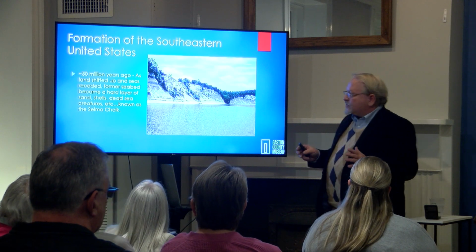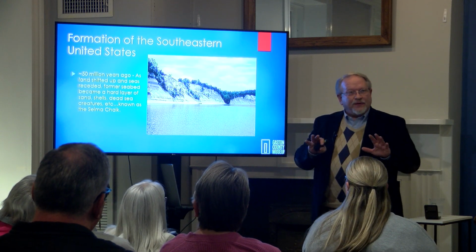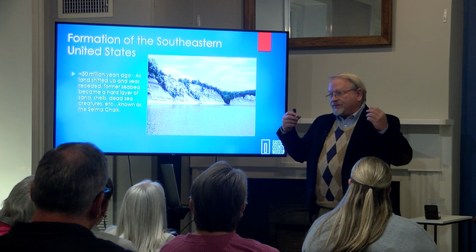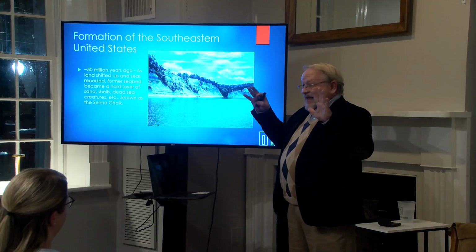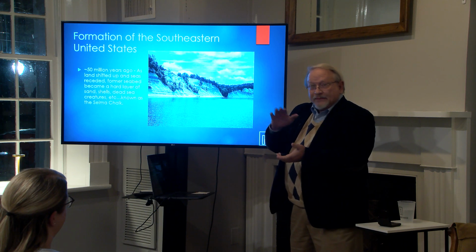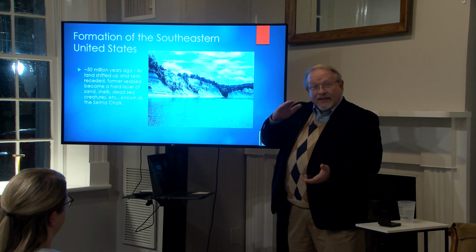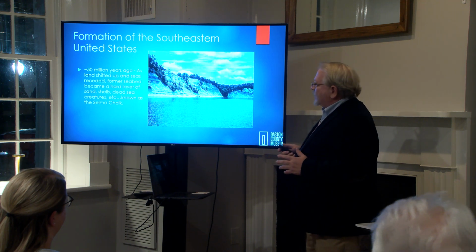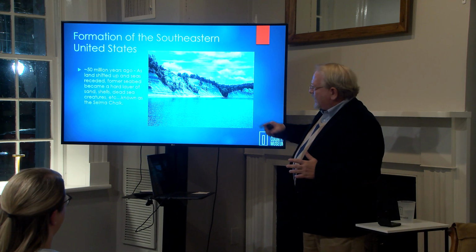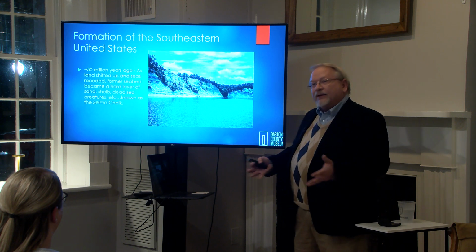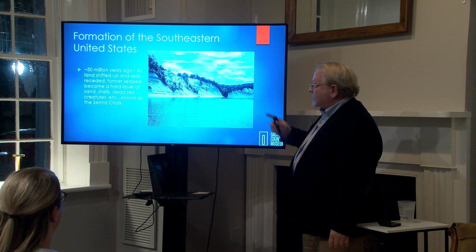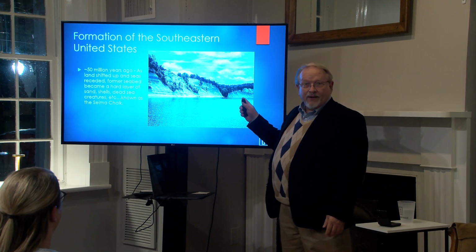Because over those 50 million years or so that it was a sea, lots of sand, shells, sea creatures, lots of things died, fell to the bottom, got compacted into a really thick layer that was full of nice minerals. And then when it came to the surface again during one of the changes, we now see it as what's called the Selma chalk layer.